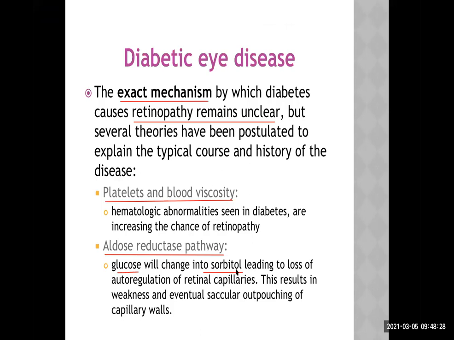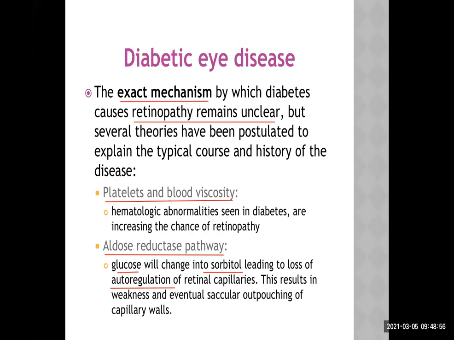Now, when this sorbitol is collected, those neurons or those capillaries, there are lots of capillaries inside the retina, will lose the autoregulation. Now, this autoregulation is a very important function there. This is especially done by an important cell known as the pericyte. Pericyte. Let me write that for you. These pericytes are present, okay, on the wall of the capillary actually.